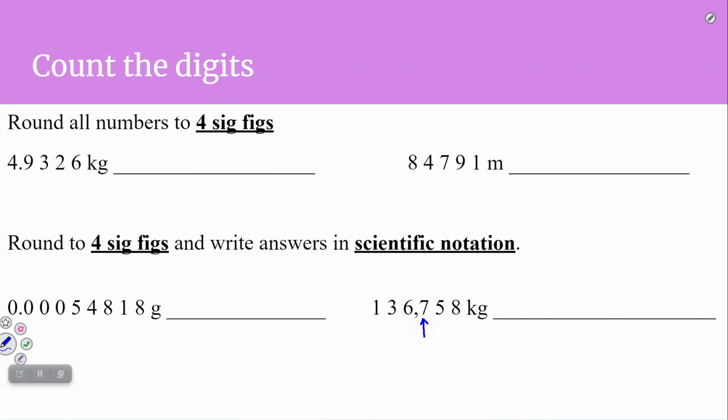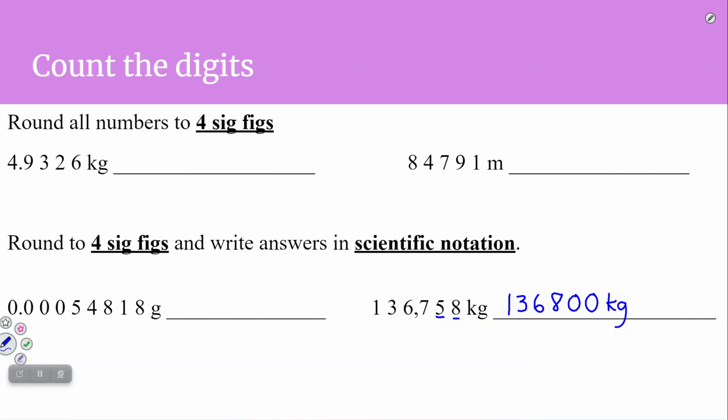The neighbor is a 5, so that means this 7 is going to turn into an 8. So we're going to do 1, 3, 6, 8, and then keeping with the original place value, we have to turn the rest into zeros so that the place value is still the same as our original measurement.